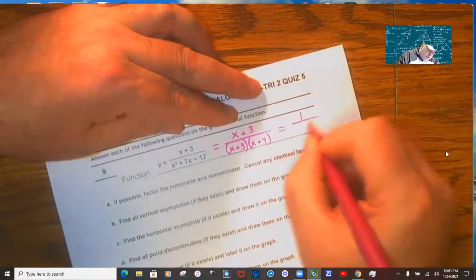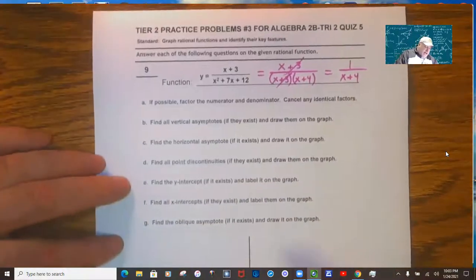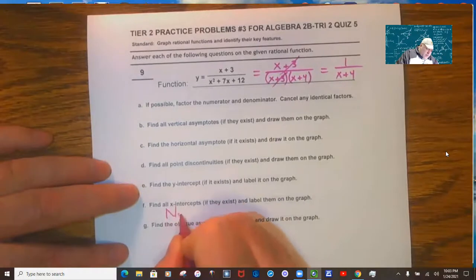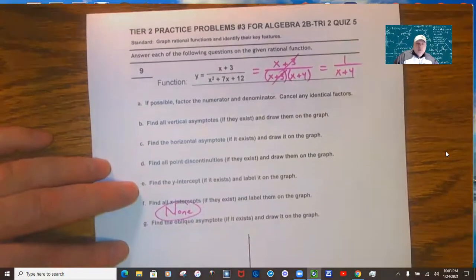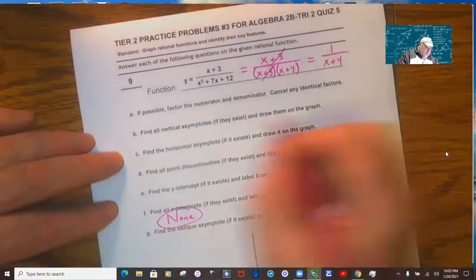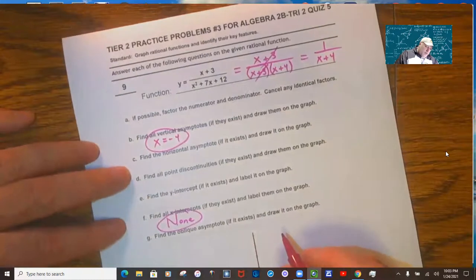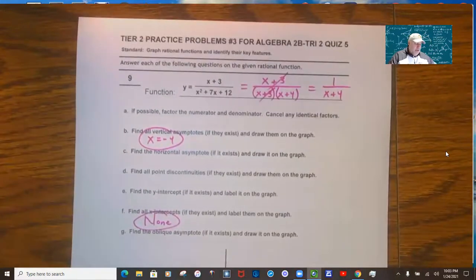So this will be 1 over x plus 4. Now I know with this, there's not going to be an x-intercept because there's no x terms left in the numerator. So you can immediately mark that. So horizontal asymptote. So again, we're looking at this.